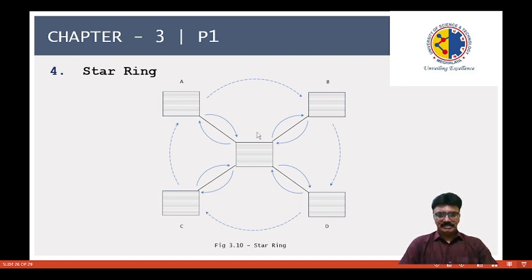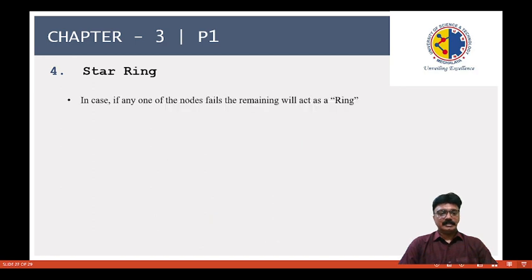So it may reach the receiver B by any path. In this situation, even if any node fails, it will form another ring and there will be no disturbance in the data transfer. So that is the case of star ring.